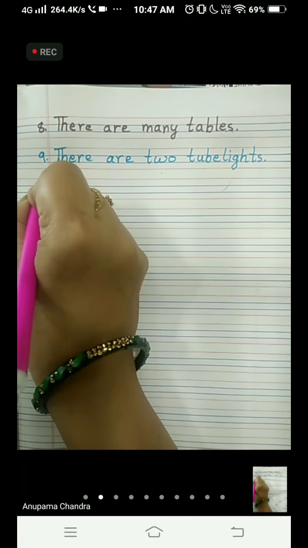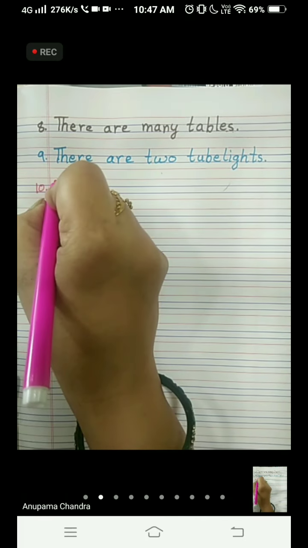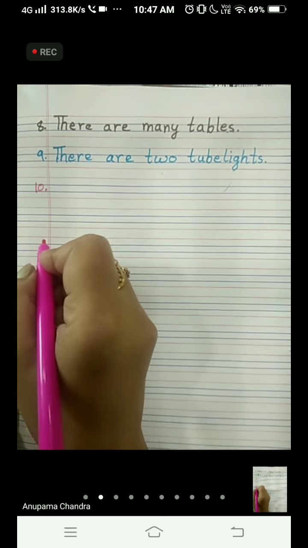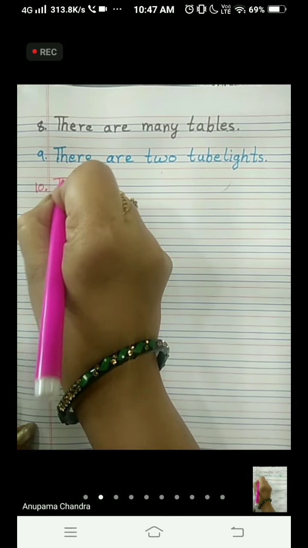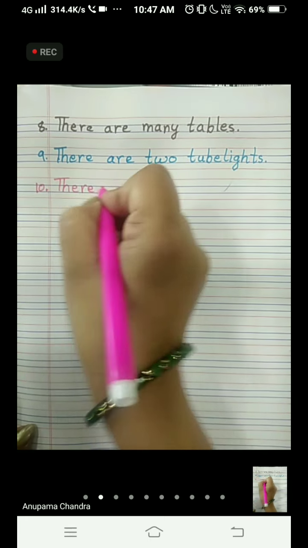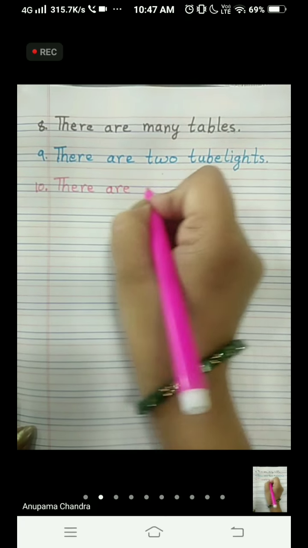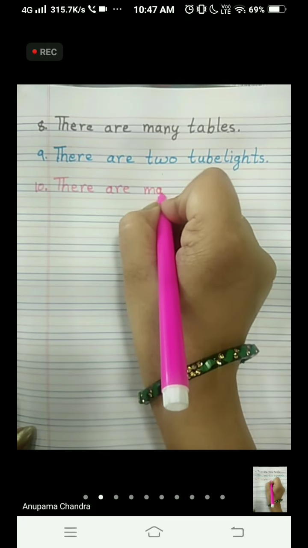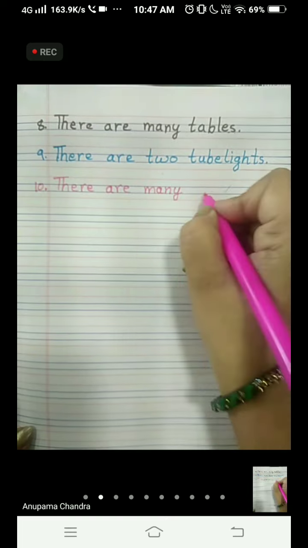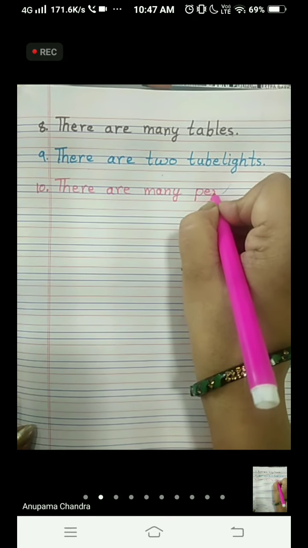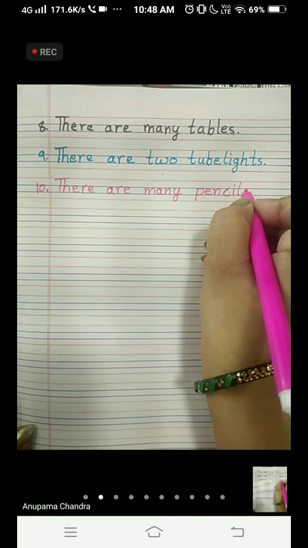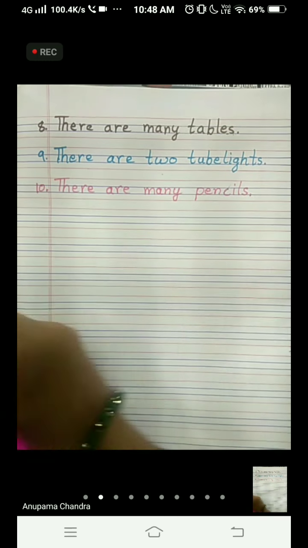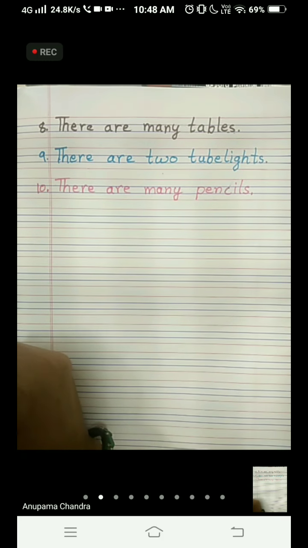And our last sentence, that is the 10th one, we will write, there are many pencils. As we can see, so many children are sitting there and everybody has a pencil.